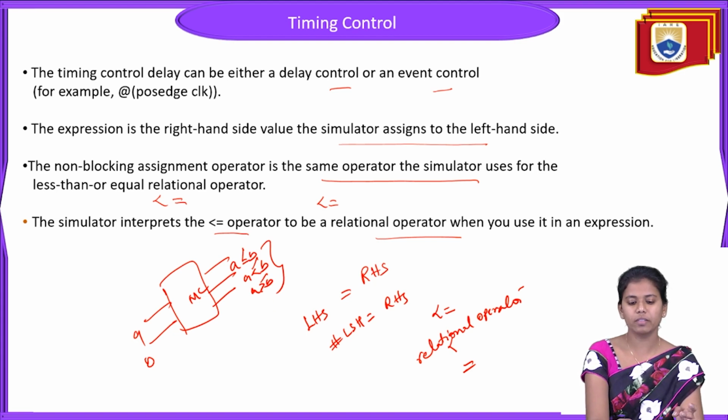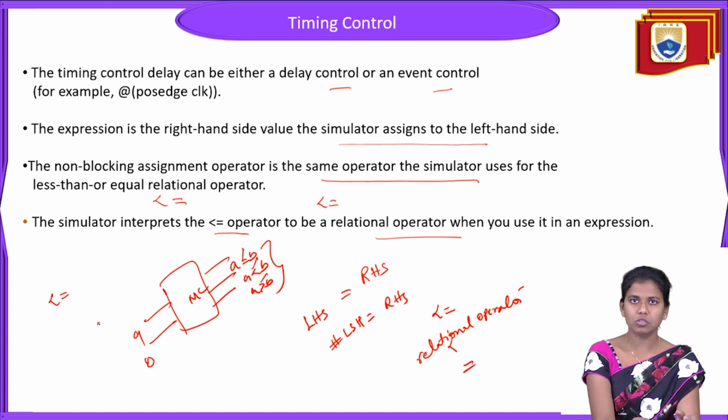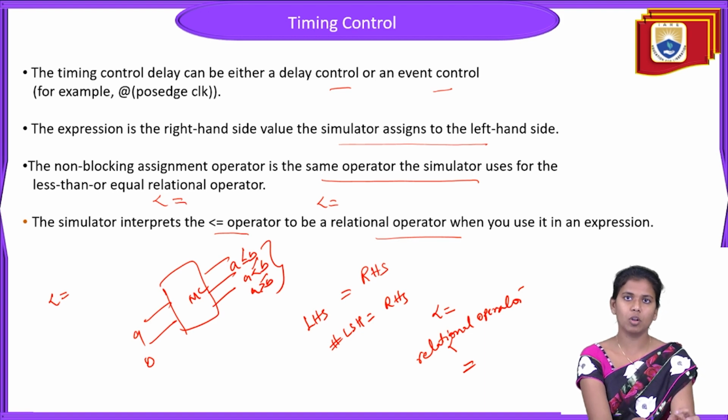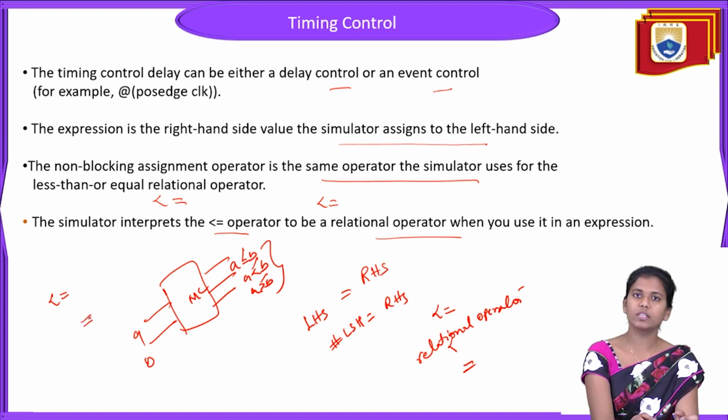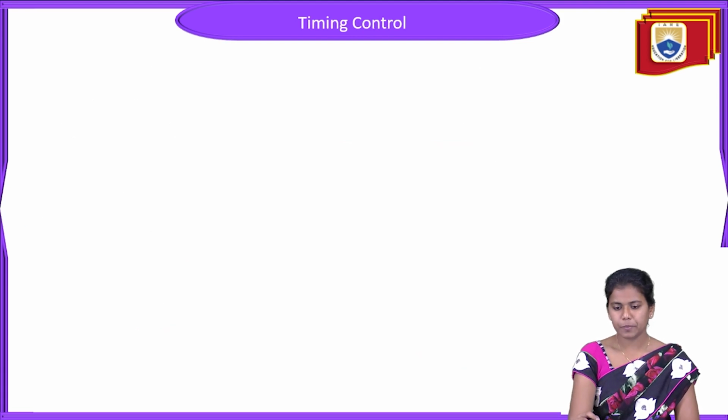So here also in non-blocking assignments, the assignment operator we represent is less than or equals to. Whereas for blocking assignments, equals to is the operator that we have to follow and remember.